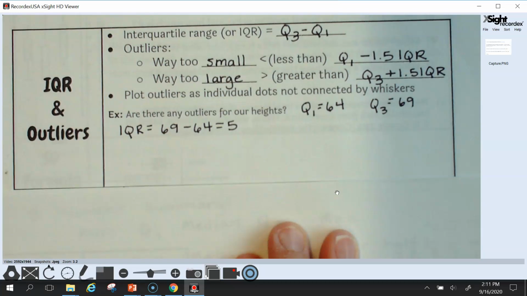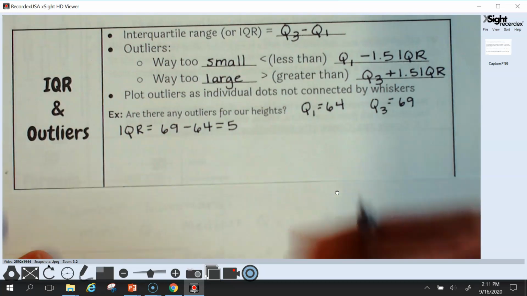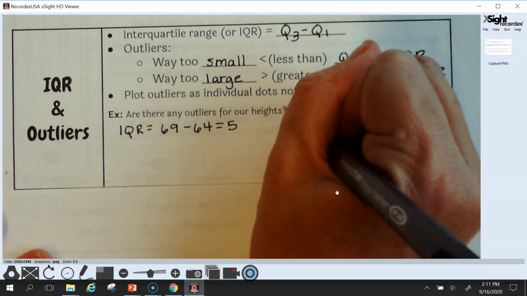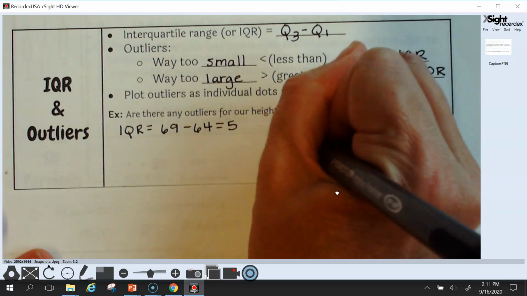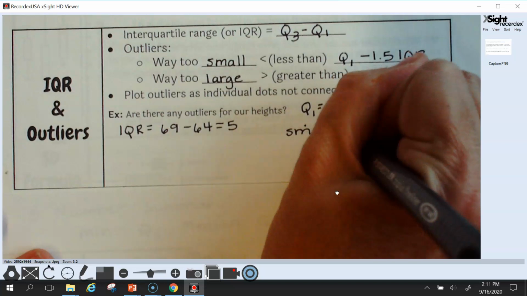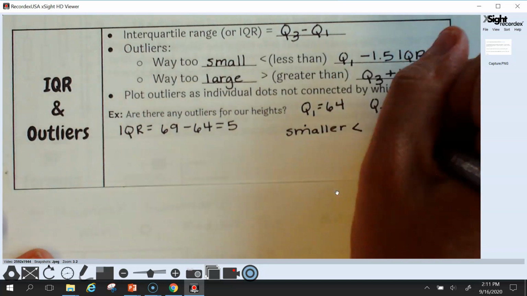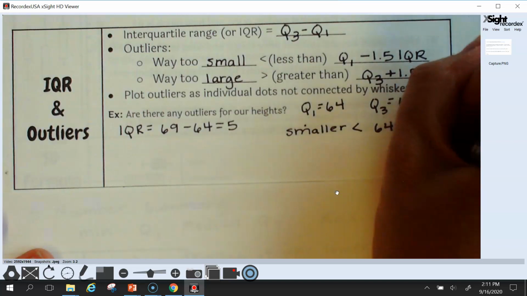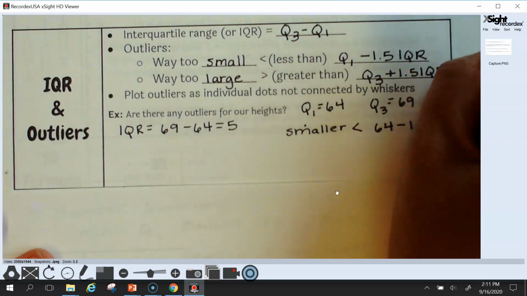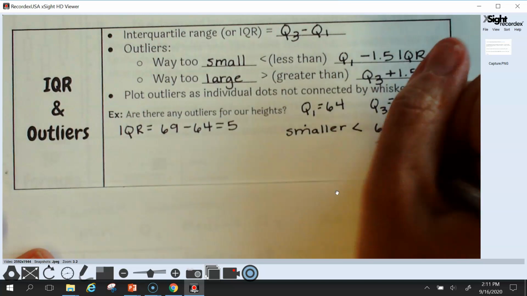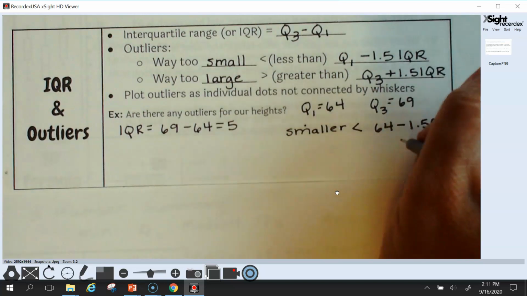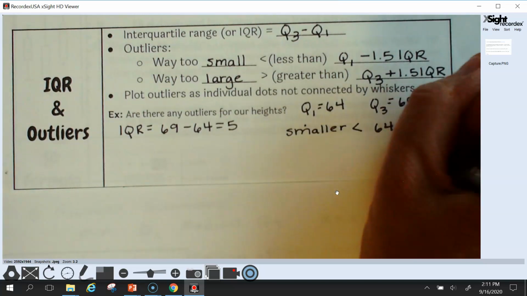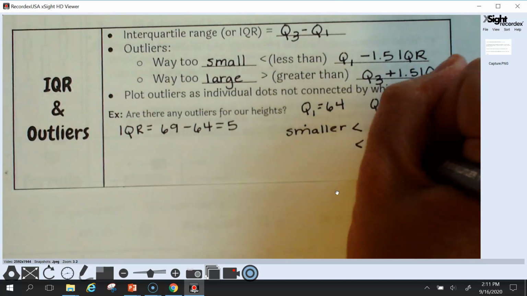So outliers would be anything smaller than, less than 64 minus 1.5 times 5. When I subtract that, it's going to be any value that is less than 56.5.